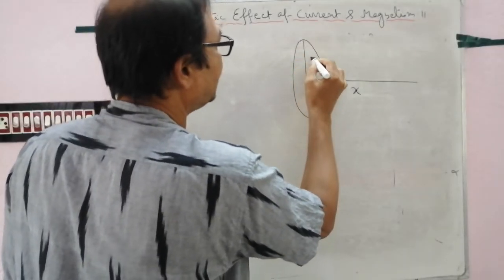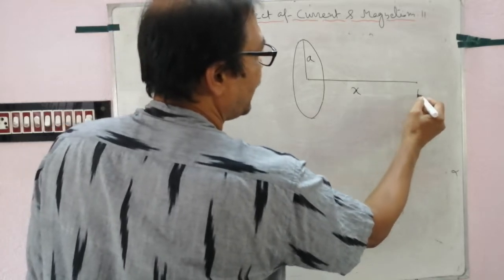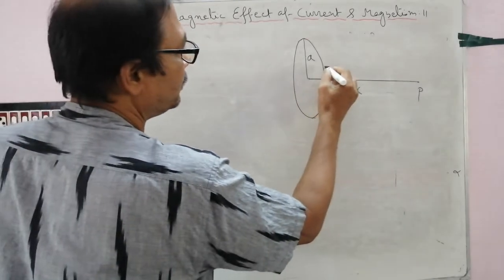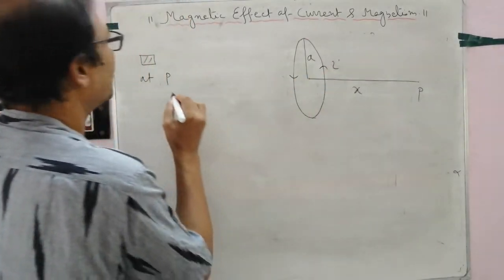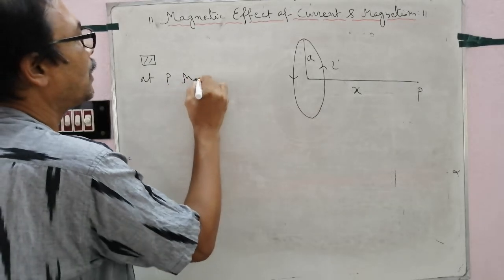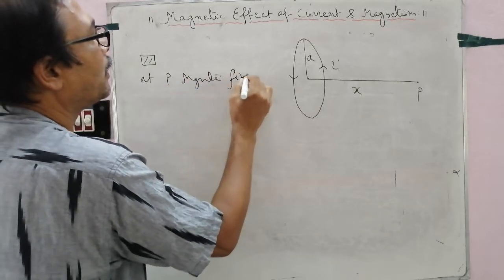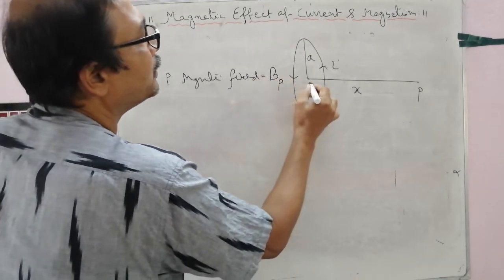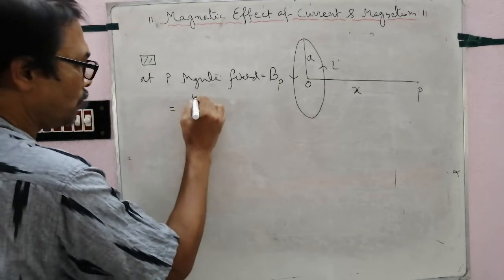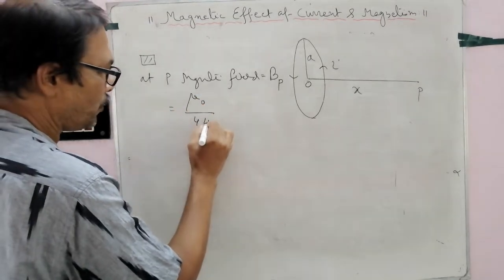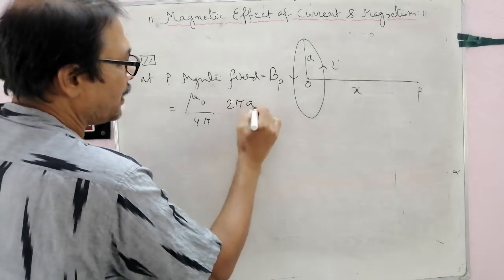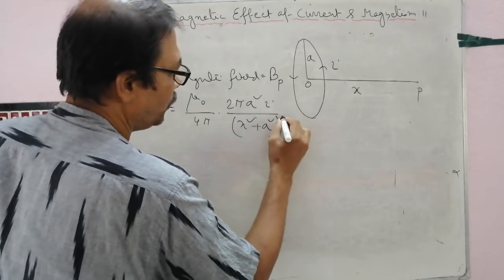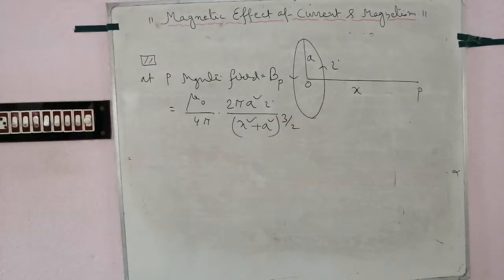At P, the magnetic field BP equals mu naught by 4 pi into 2 pi a square I by x square plus a square whole to the power 3 by 2. Clear?